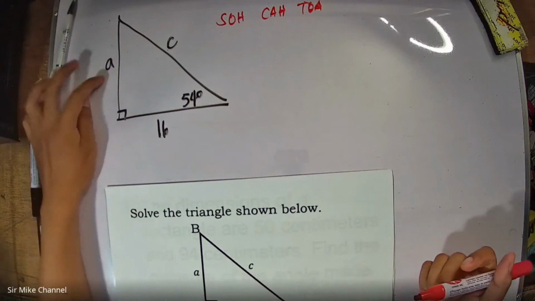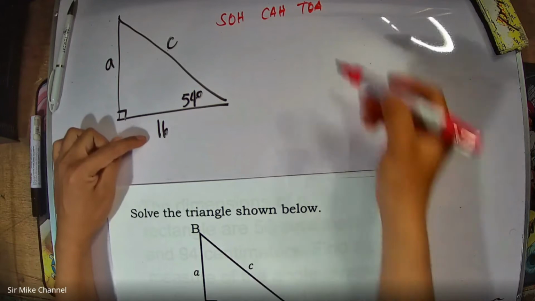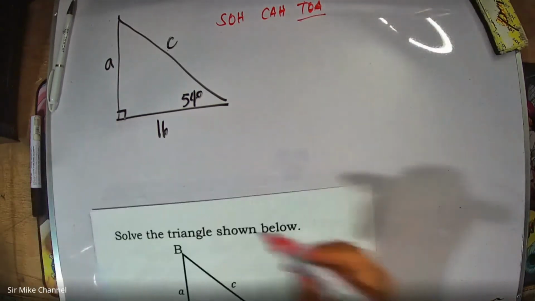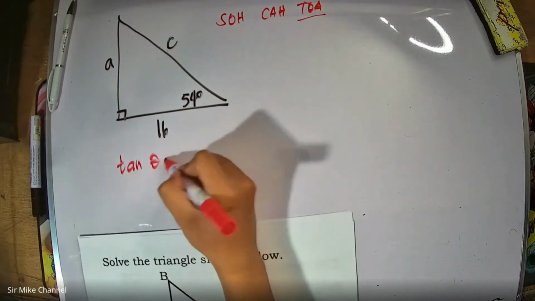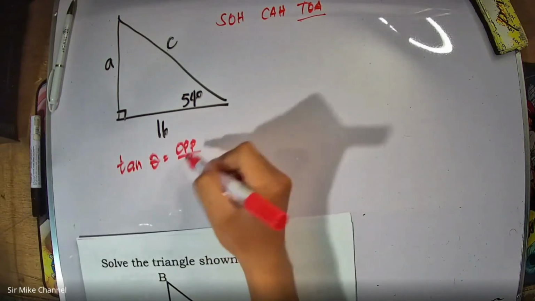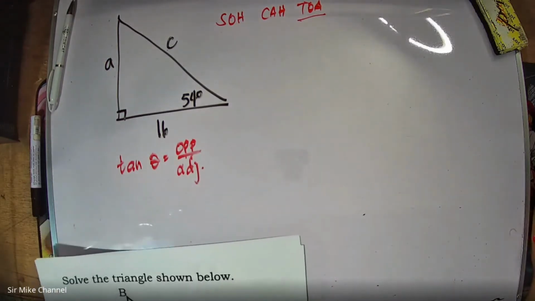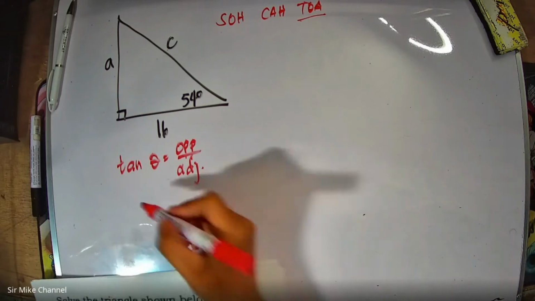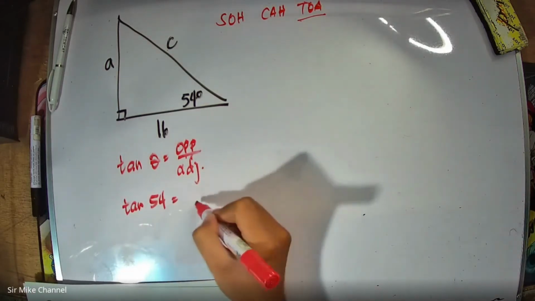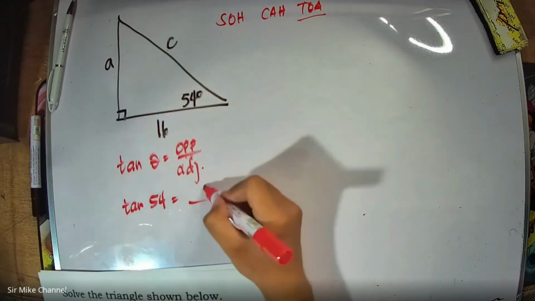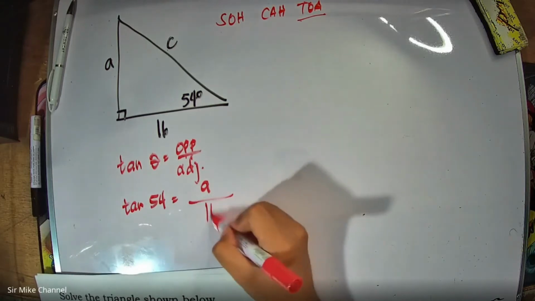So, this is A. This is the opposite, and this is the adjacent. So we will use the tangent. Tangent theta is equal to opposite over adjacent. So we have tangent 54 is equal to A over 16.